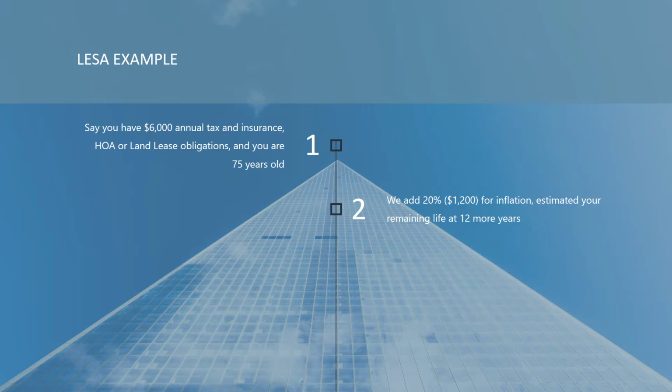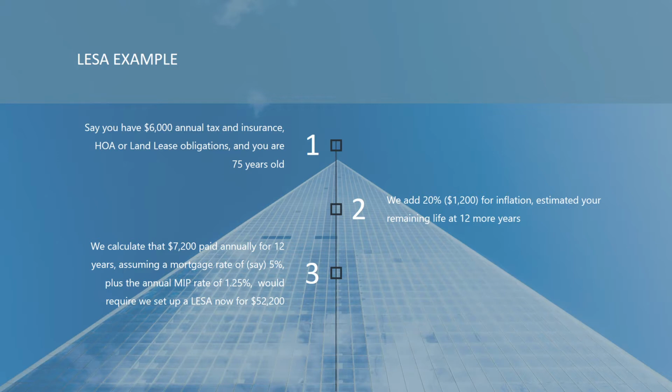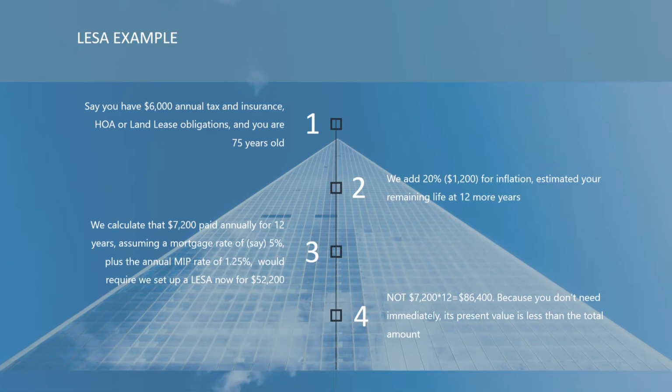We've estimated your remaining life at 12 more years, and we calculate that that's $7,200 paid annually for 12 years, assuming our mortgage rate and our rate of mortgage insurance premium. We would calculate that we need to set up a LESA now for $52,200. Note that it's not $7,200 times 12, because you don't need the money immediately, so its present value is less than the total amount.